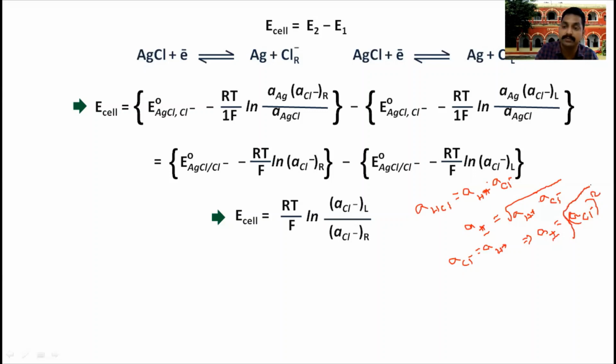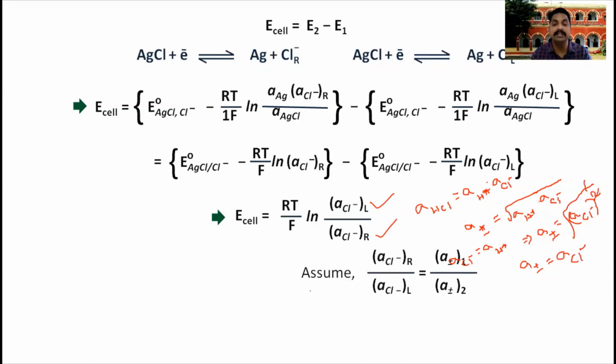square root. Square root and square cancel, which means instead of mean ionic activity we can write activity of chloride ion, which means instead of activity of chloride ion on left hand side we can write mean ionic activity, that is A plus or minus 1 divided by A plus or minus 2.